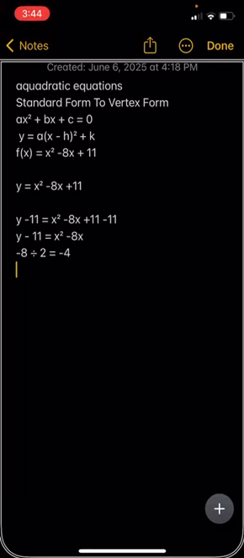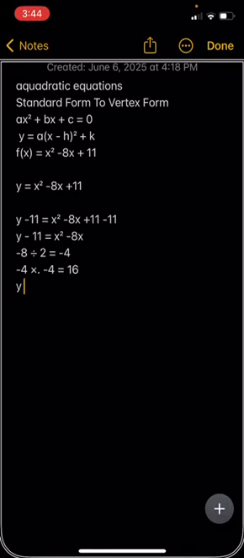So we need to square that. Negative 4 times negative 4 will give us positive 16. And that positive 16 will now have to be added to both sides of the equation.